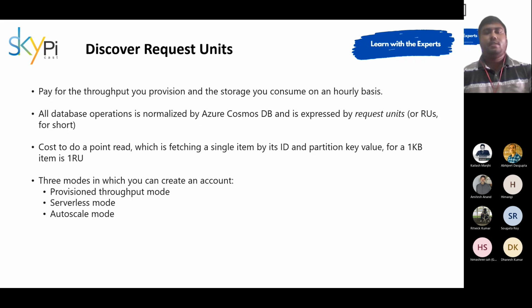Like in a database, we have CPU, memory, RAM, and all other hardware requirements. But in Azure, they have consolidated all those different hardware requirements and made their own unit, which they call request unit. And this is how we get billed. So it is very important to understand what these are.